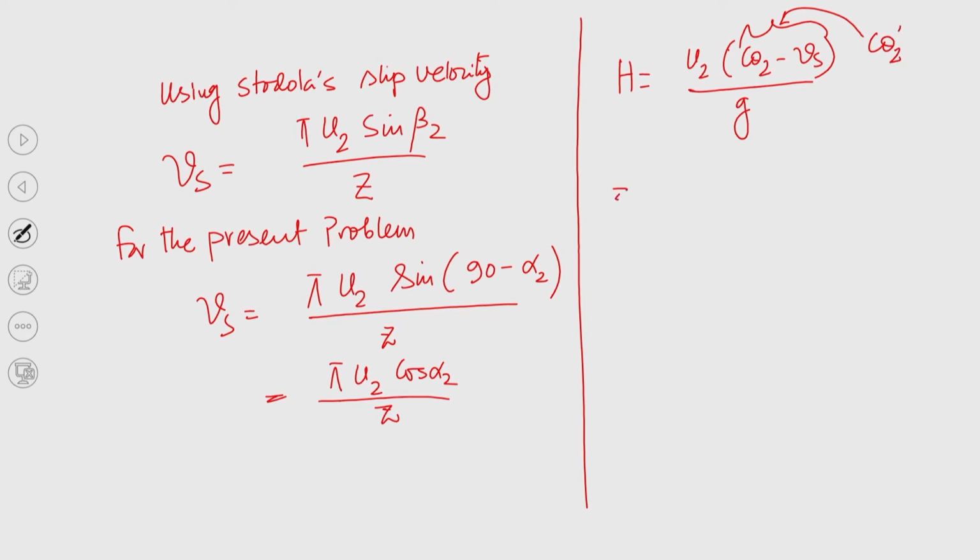So, what will be the final expression? You know that this is U2 by g, right, into (C theta 2 minus pi U2 cos alpha 2 by z).